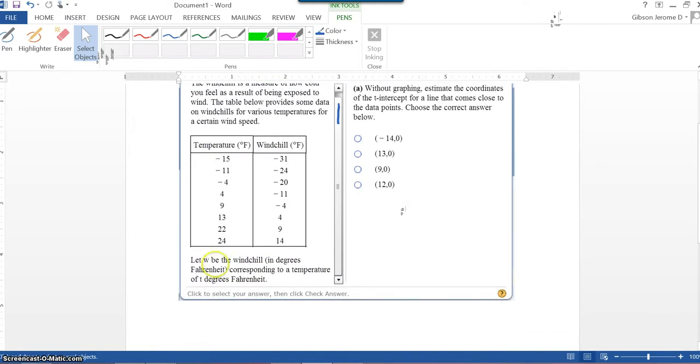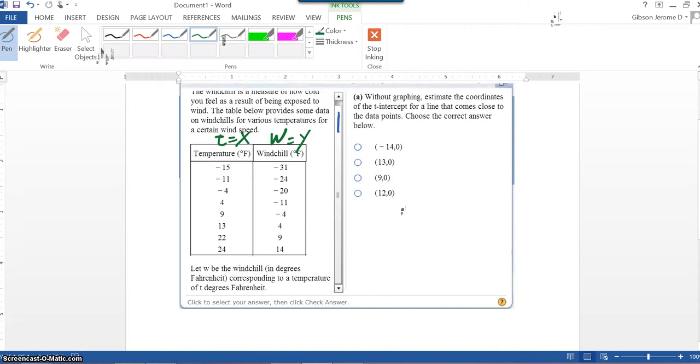Now it tells us let W be the wind chill in degrees Fahrenheit, corresponding to a temperature of T degrees in Fahrenheit. So right here it's telling us that T is the temperature and W is the wind chill. So T is the same thing as saying X and W is the same thing as saying our Y value.